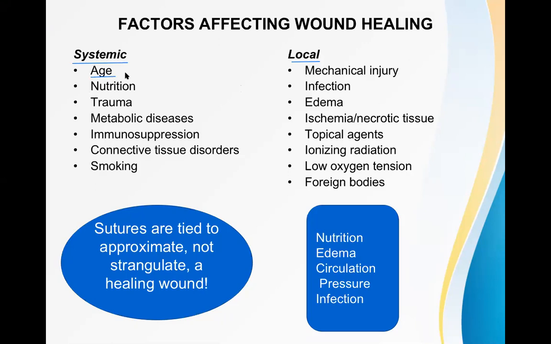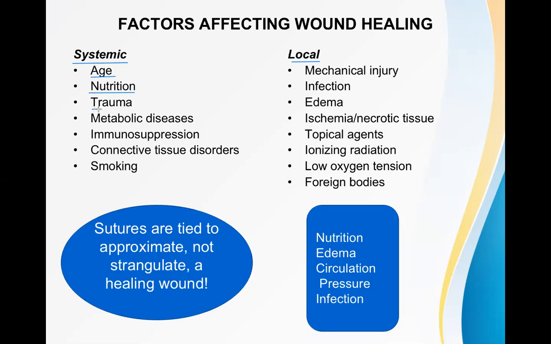I'm not saying there's no wound healing in the older age, but it is slightly delayed than the younger one. Second is nutrition. If the person is malnourished, or if the person is very obese, both. Remember, obesity is a disease. It's not a normal situation. In both those conditions, wound takes longer time to heal.